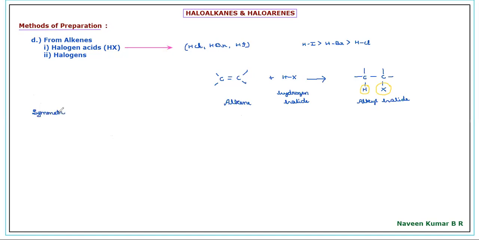So the first case is addition to a symmetrical alkene. It is the same process. With an example we'll try to understand. We'll take a simple alkene, ethene, CH2=CH2.